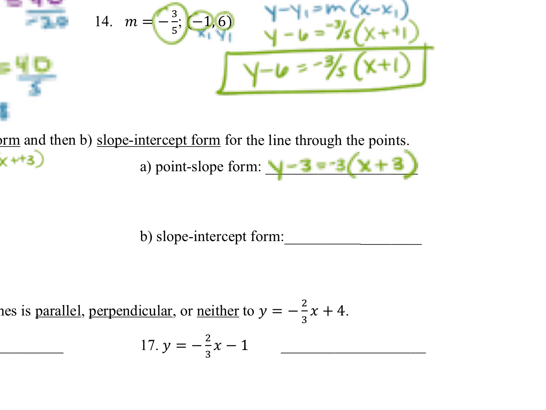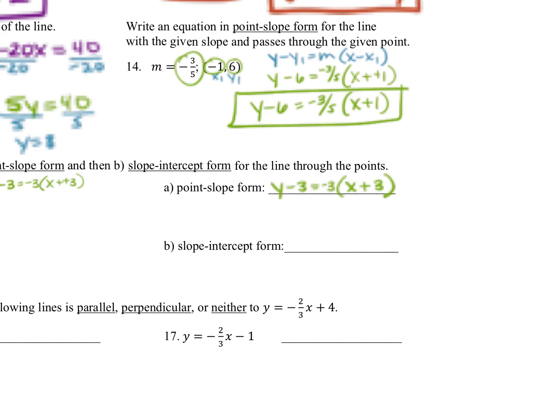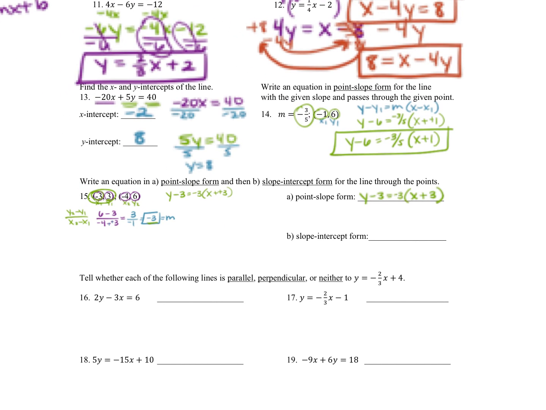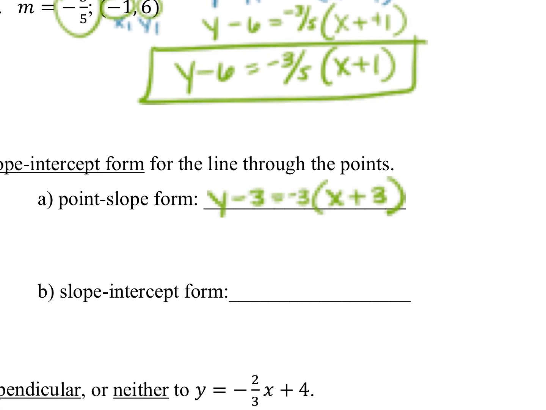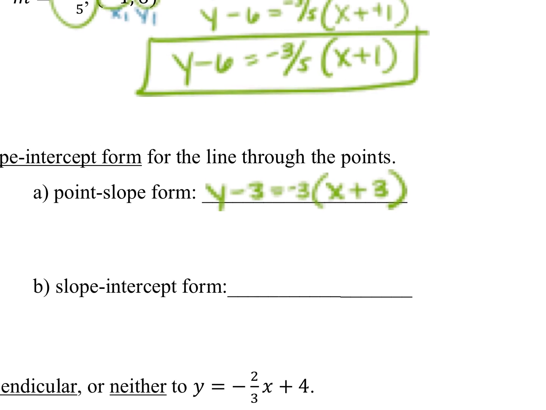Okay, then it says do slope intercept form, and you have two options here. You could do slope intercept using one of these points, so either one of those with the slope we found, or what I think is easier is just take your point slope form and turn it into slope intercept form. So if you distribute this, okay, it would be y minus 3 equals negative 3x minus 9, and then you would add 3.